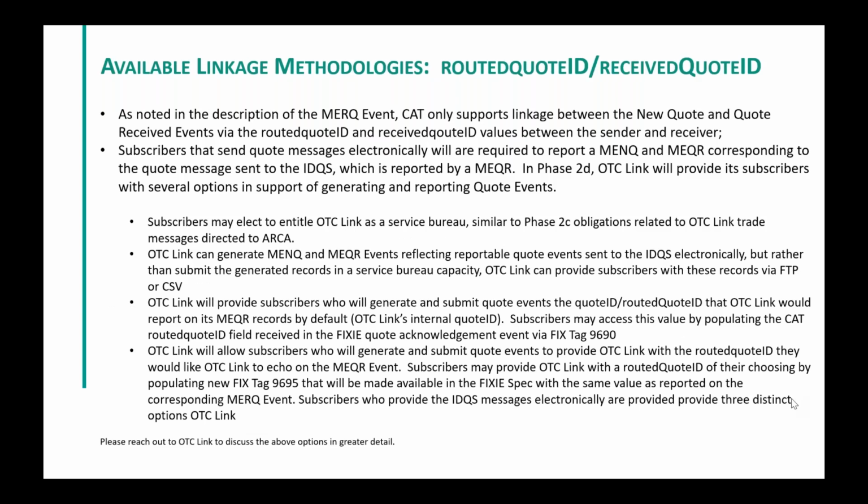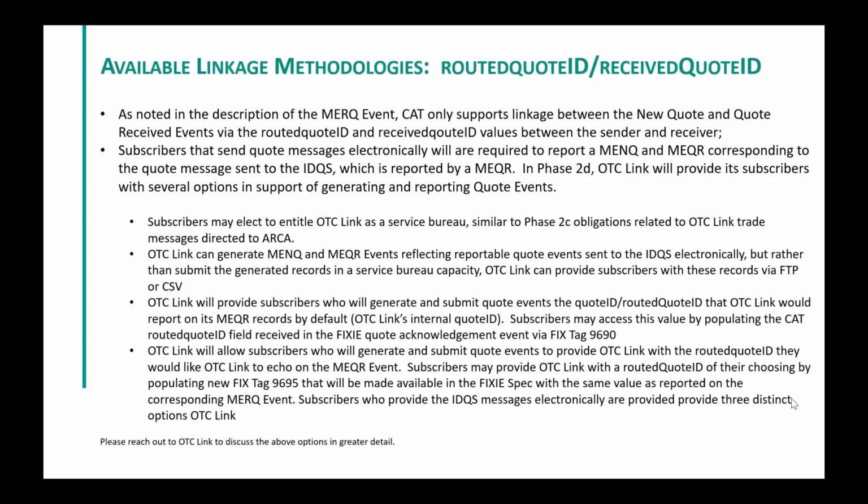So the next slide talks through some of the concepts just discussed in terms of the matching between the routed quote ID and the received quote ID. So again, this identifier, which could theoretically be any identifier that meets CAT's character limits, can be reported as that field.